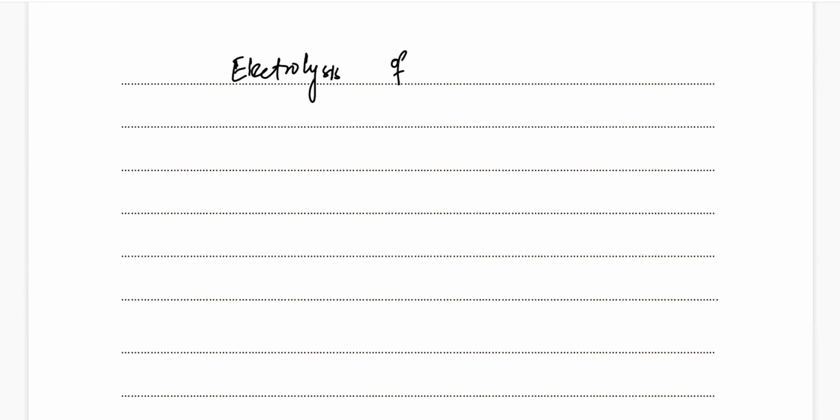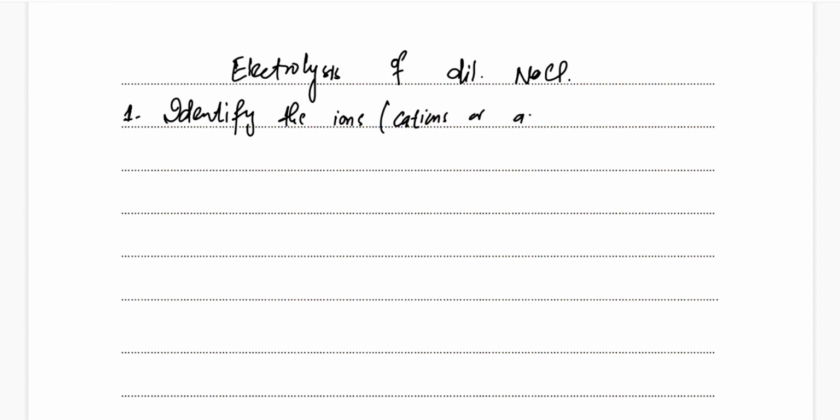Electrolysis of dilute sodium chloride. Actually, you have to understand 4 steps. First step is to identify the ions, whether those are cations or anions.